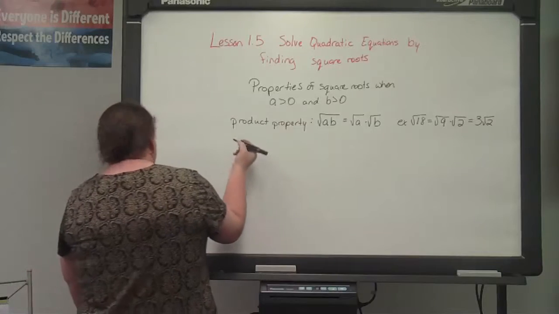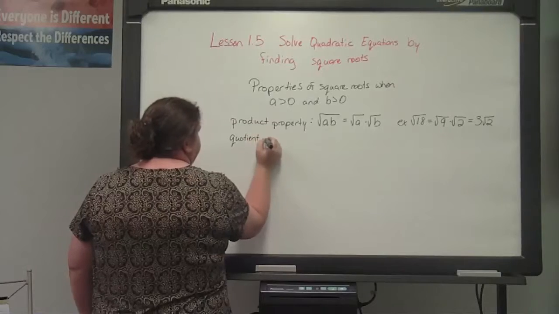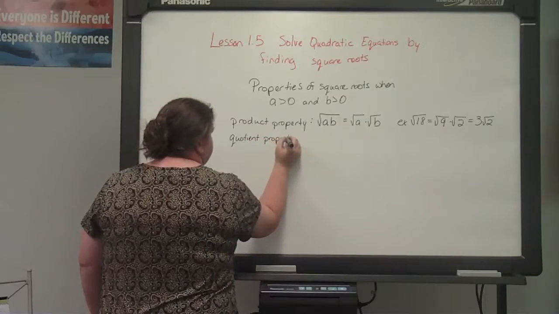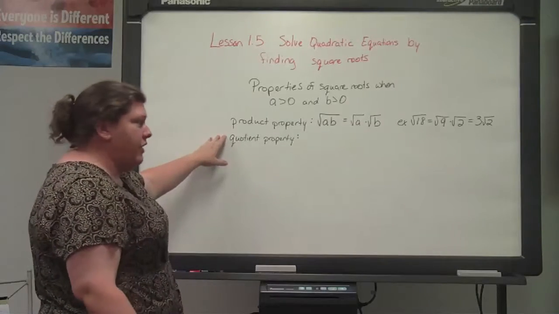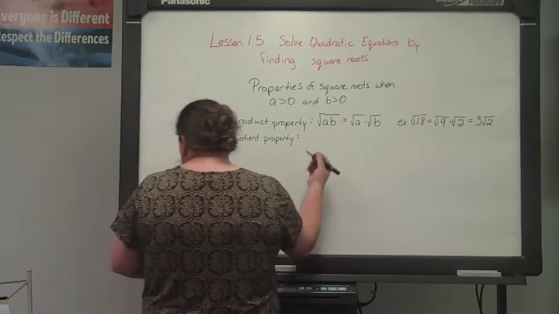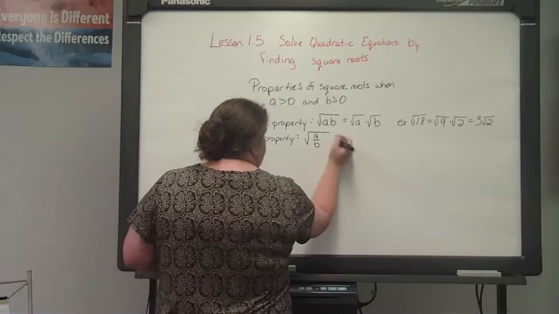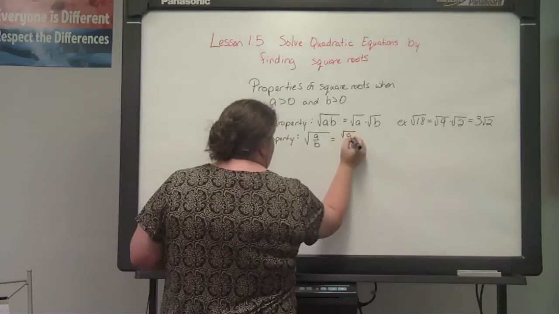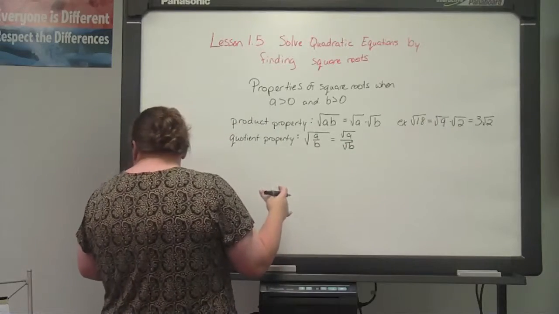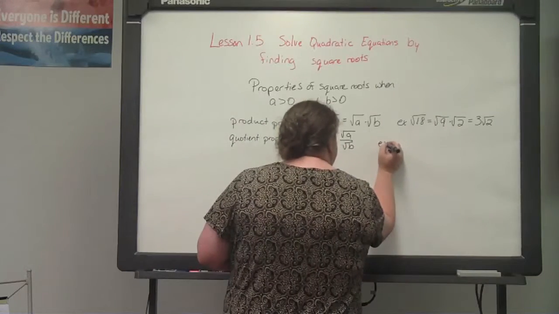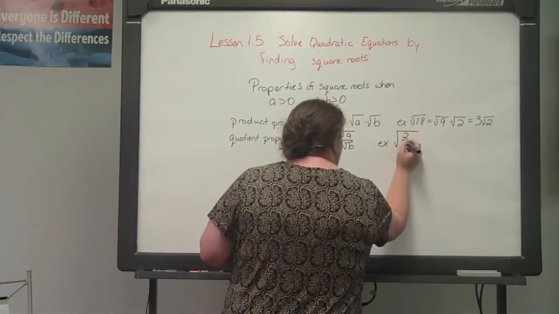The second property is the quotient property. And again, when we see quotient, that lets us know divide. And so this one we have the square root of A divided by B is the same as saying the square root of A over the square root of B. So again, I have an example, which is the square root of 2 over 25.